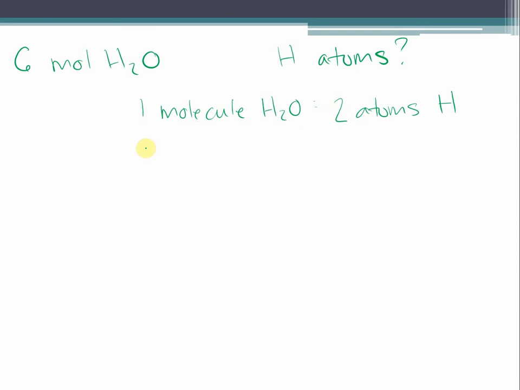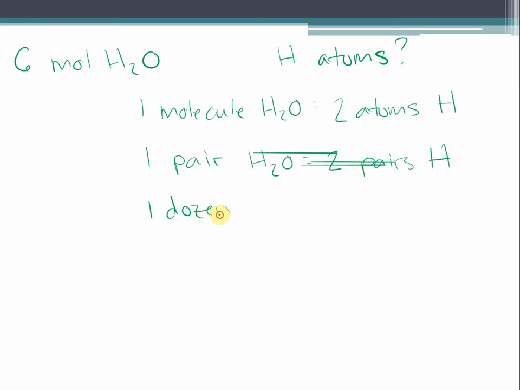We can keep using this same ratio because if 1 molecule of water is 2 atoms of hydrogen, then in 1 pair of waters, this is really good grammar we're about to use, in 1 pair of waters there are 2 pairs, oh my, of hydrogen. And in 1 dozen waters, there are 2 dozen hydrogens.